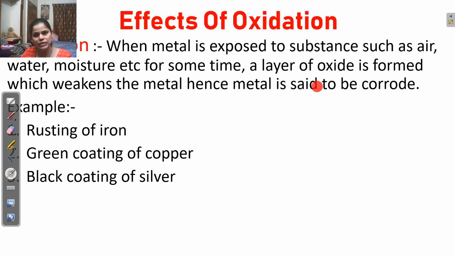Hence the metal is said to corrode. When any metal contacts the air, water or moisture, the layer of oxide formed is a corrosion.